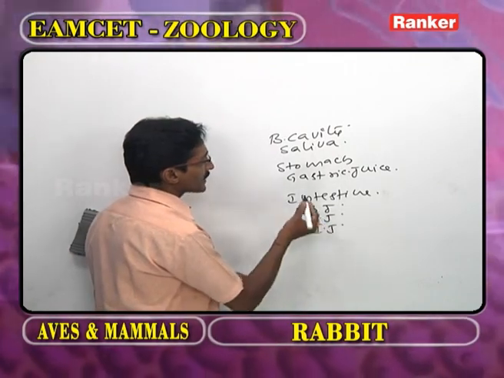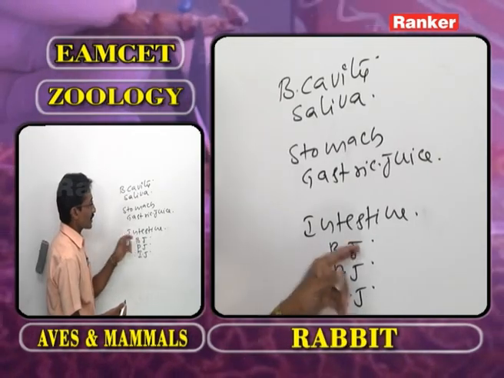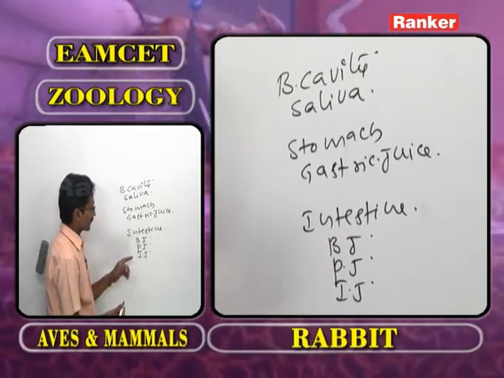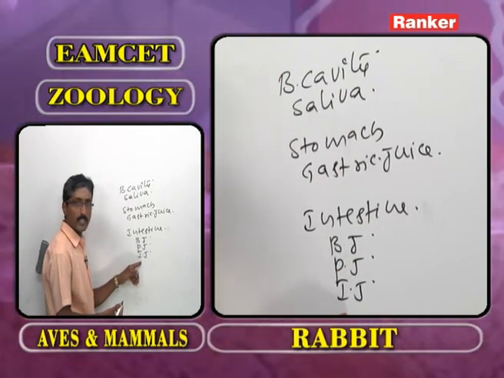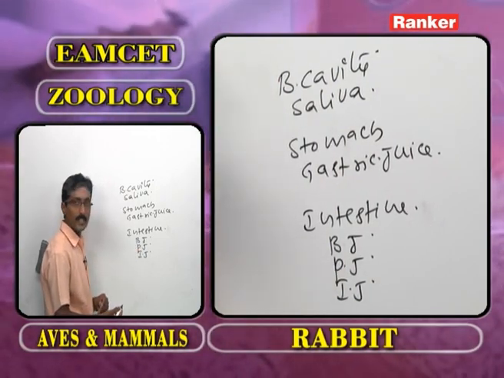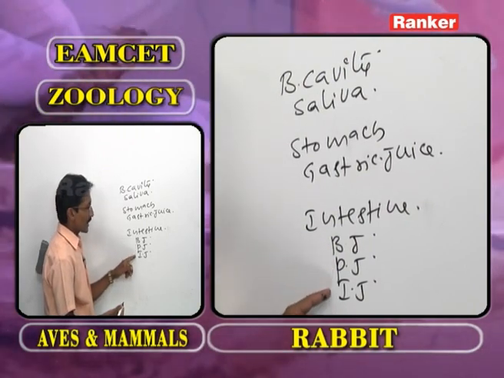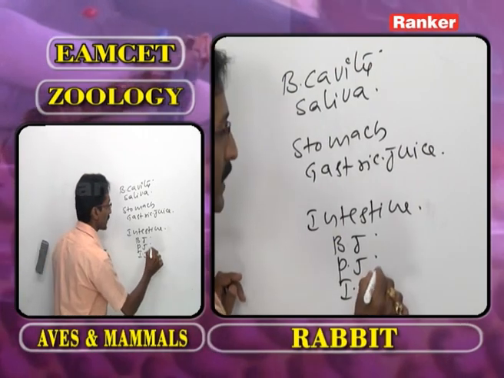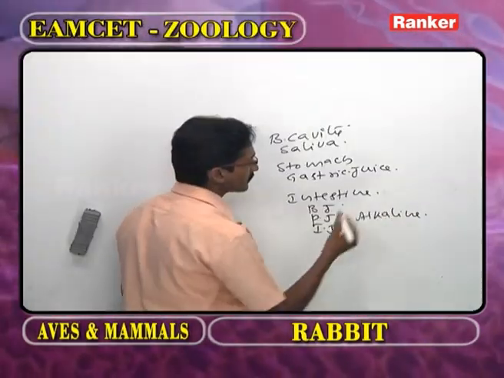Now as we observe the bile juice, in the bile juice the enzymes are totally absent. In the pancreatic juice and in the intestinal juice, the enzymes are present. Bile juice, pancreatic juice and intestinal juice, they are alkaline in nature.